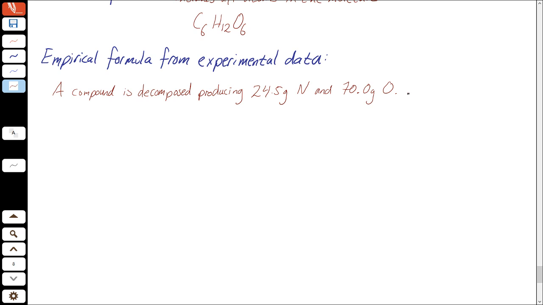So what do you think we're going to do, since we have masses and we ultimately want numbers, we want formulas? How do we always get from masses to formulas? We convert using what? Yeah, we're going to use the molar mass numbers. So the first step here is to get away from the masses and into some actual numbers. So we're going to convert to moles first.